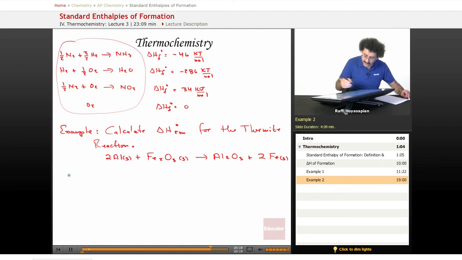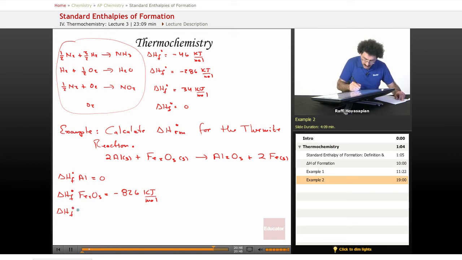Let's go ahead and list some delta H of formation values. The delta H of formation of aluminum equals 0. Aluminum is an element. The delta H of formation of Fe2O3 is equal to minus 826 kilojoules per mole.